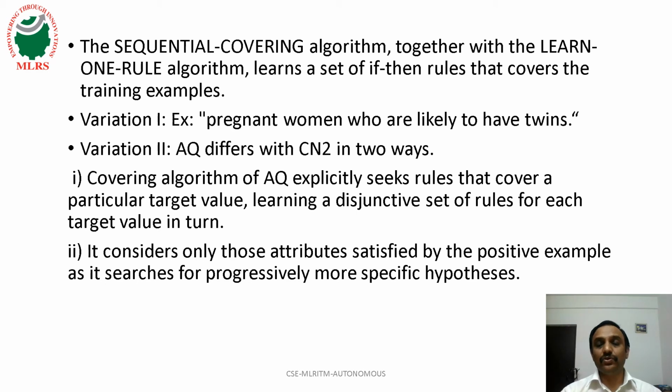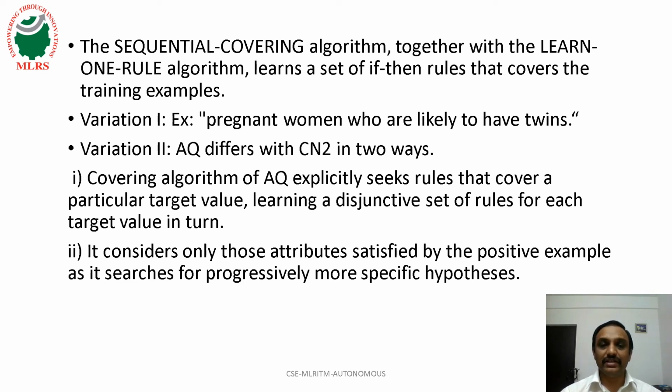Each rule as output covers many positive examples and fewer negative examples. But in this variation one, in that example, there is a possibility of only very few positive examples. So how can you consider a sequential covering algorithm in this scenario?